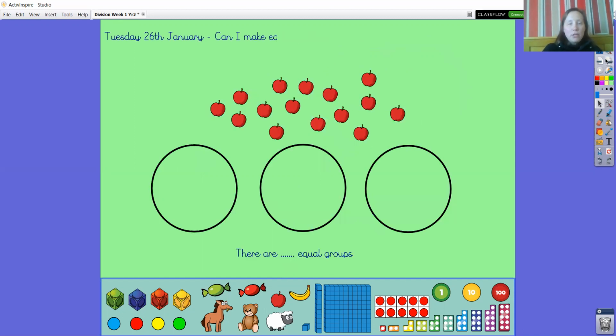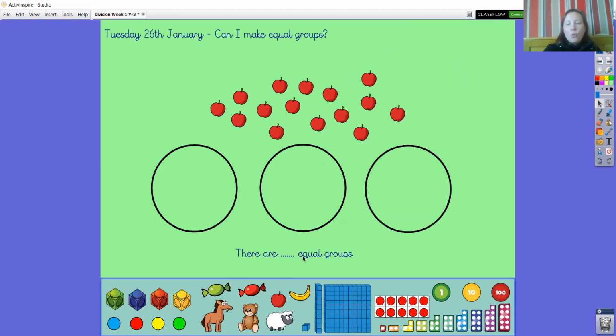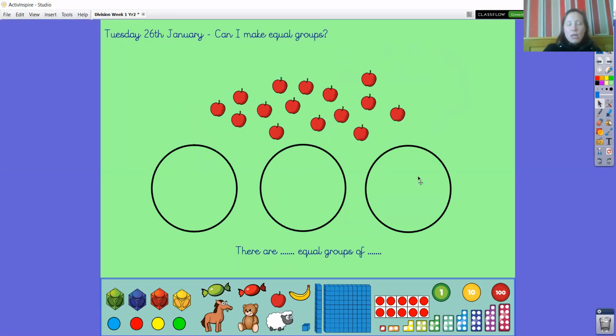And the first thing I would like you to try and do is see if you can divide out these apples into these 3 equal groups. So dividing these apples into 3 equal groups. Maybe you'd like to get some Cheerios or some Lego bricks to do it practically and help you. Brilliant.